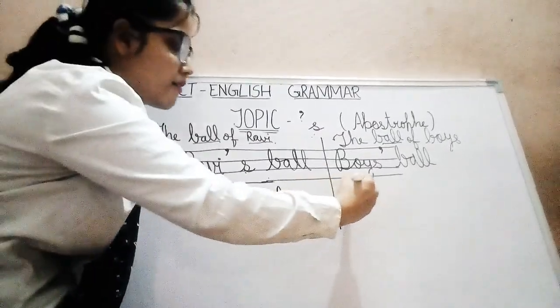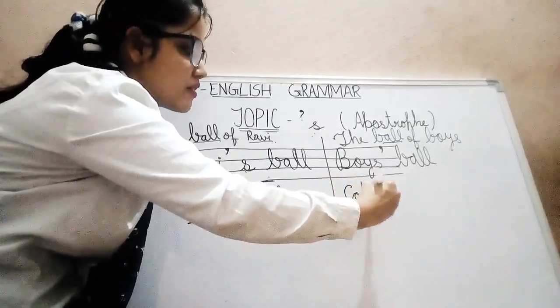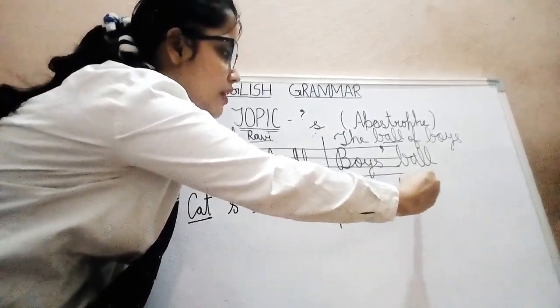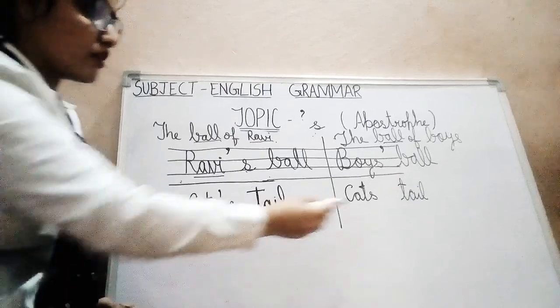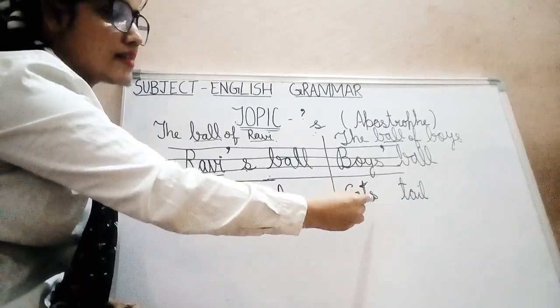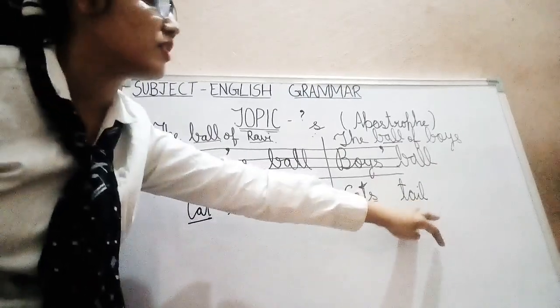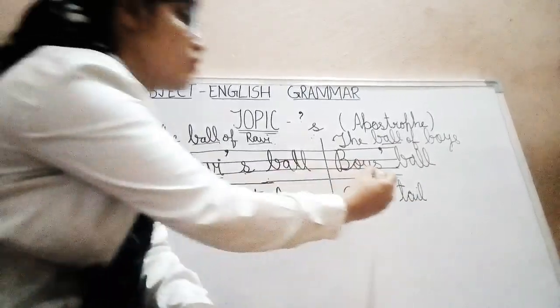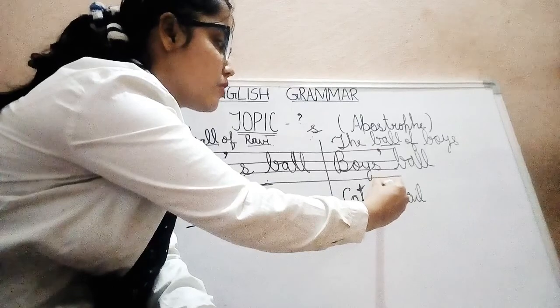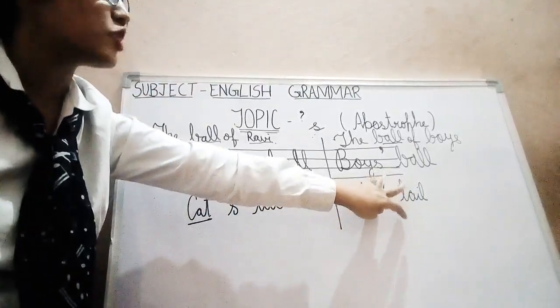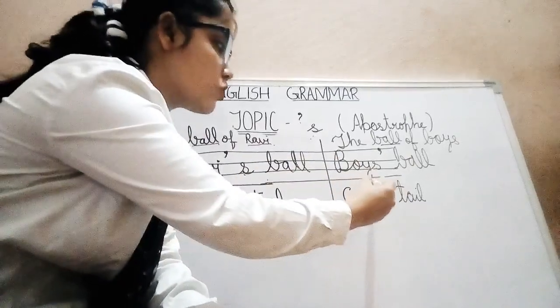Boys' ball. So similarly in this case, if we would have cats' tail. Okay, if this cat is plural and it has S, as you know, the plural of cat is cats. So to show that the tail belongs to cats, we would simply make an apostrophe sign just after writing cats, and there should not be much gap.